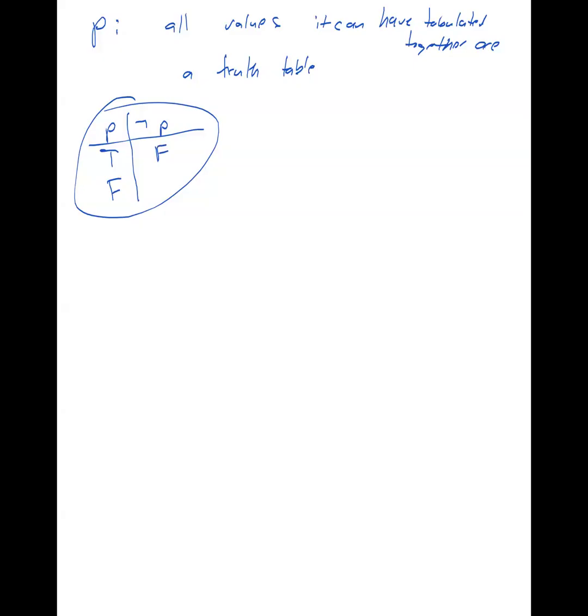True. So the values that not P would have, corresponding to the values of P being true and false, would be false and true. And sometimes they call this a logic circuit. There are circuits in a computer working together, like AND gates and OR gates. The input values are true and false, and the output values are false and true. So that would be a NOT gate.